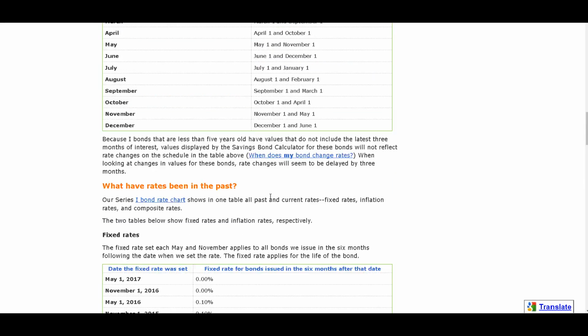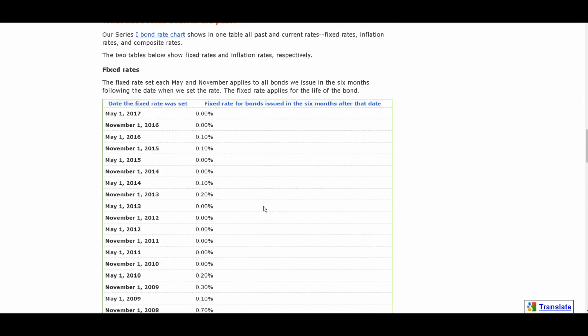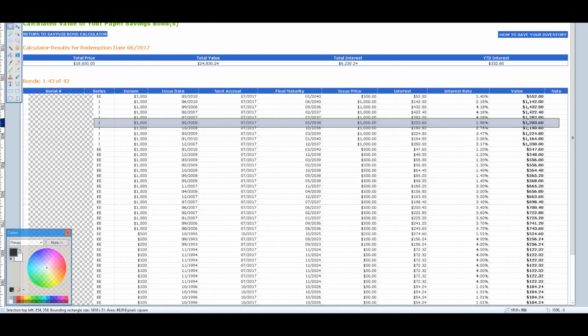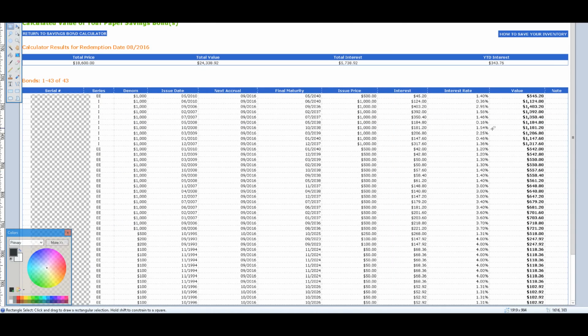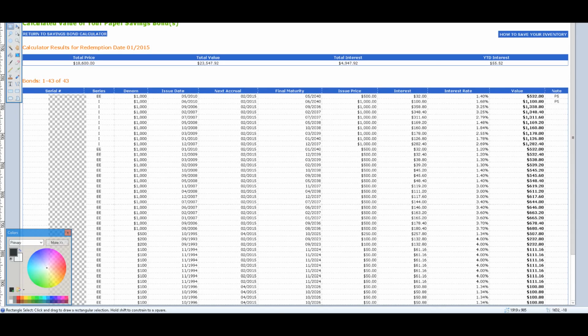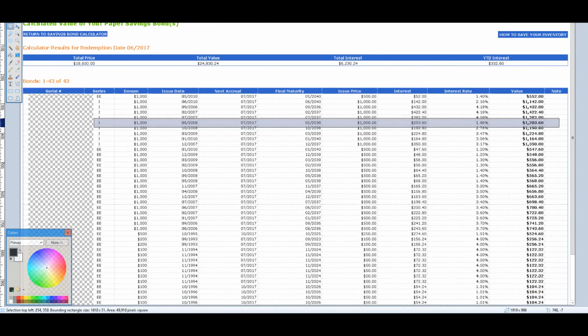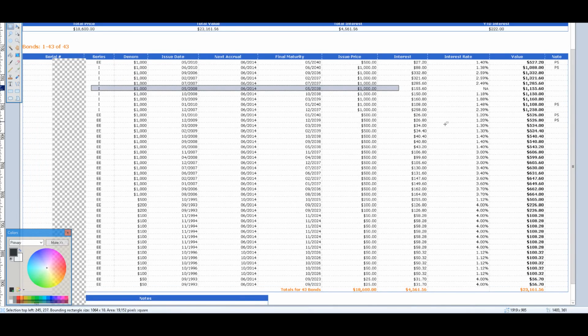So right now they have a good inflation number, but if the inflation number was really bad a year, I have an example right here, we can take a look at that same exact one. We can see that in the year 2014, I had no fixed rate.